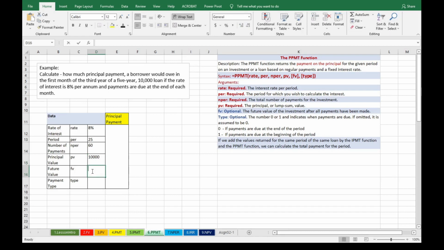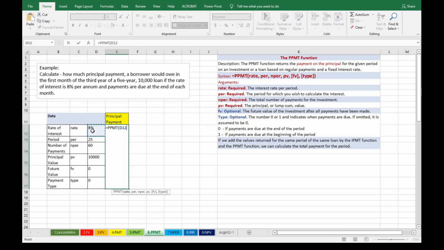Then future value is 0 and type is also 0 because payments are due at the end of month, so type will be 0. So let's calculate how much principal amount we need to pay for this loan is equal to PPMT.